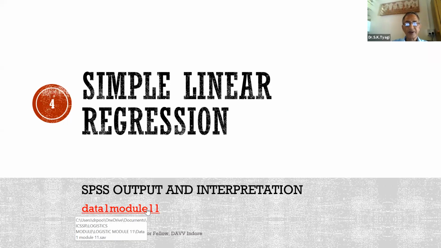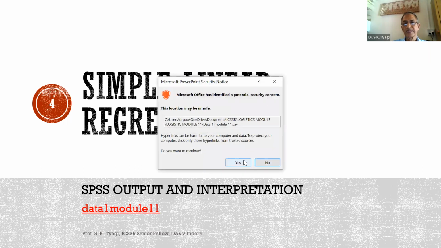So same example, but we did not take up the interpretation part very seriously. Although we referred to the interpretation in passing, we did not seriously take up this exercise, which we will take up today. So, Data 1, Module 11, this was the data.